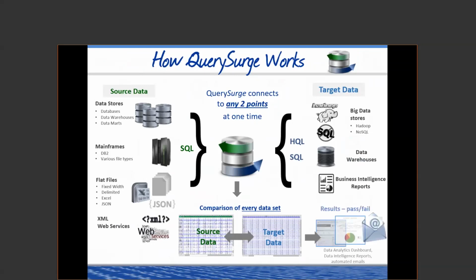And what QuerySurge will do is it'll take all that information, display it in reports and graphs to give you good insight into the health of your data, as well as be able to send automatic email notifications anytime an issue arises.